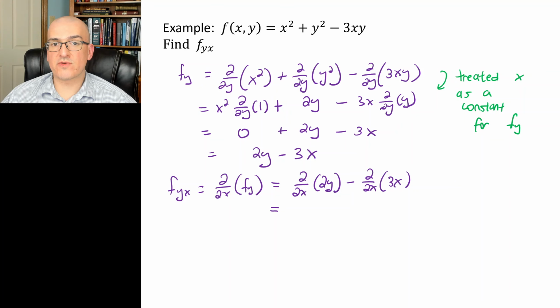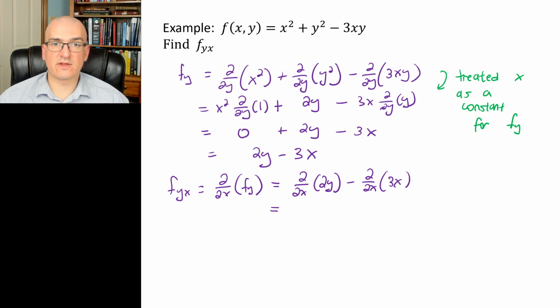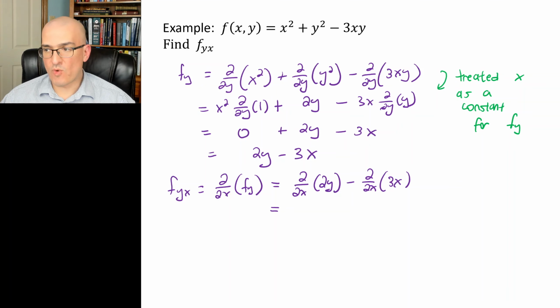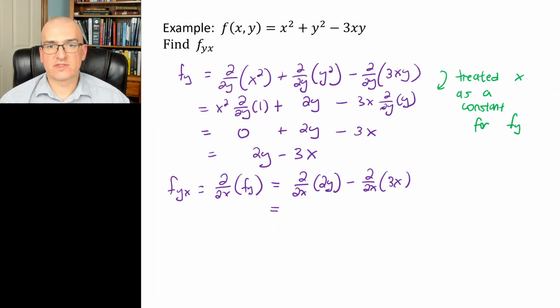This can get confusing unless you accept the fact that each variable can play a different role at different times. Sometimes it's a constant, and sometimes it is treated properly as a variable. What decides that is the action that you're taking. Taking an x derivative means you're changing the x variable and leaving y held fixed.